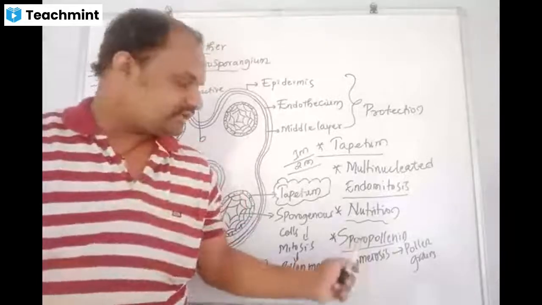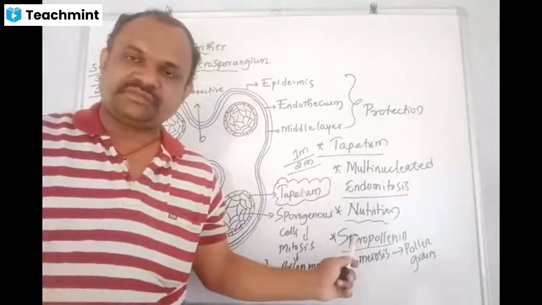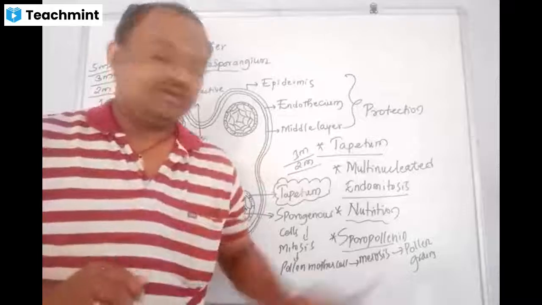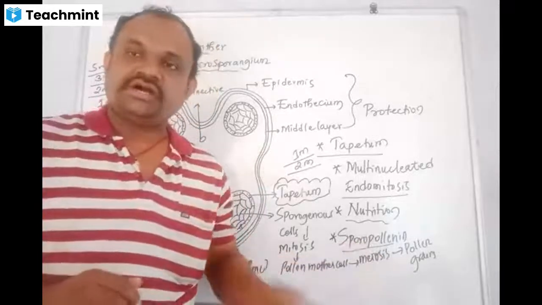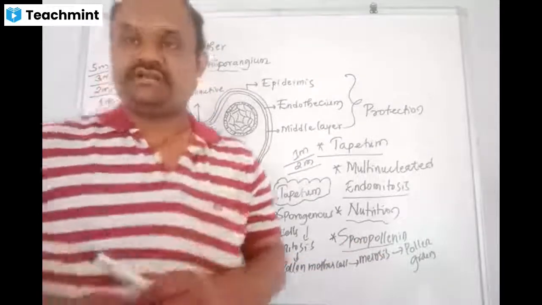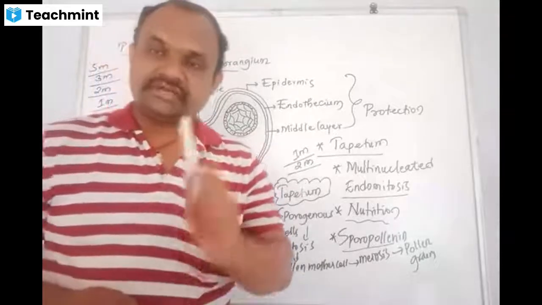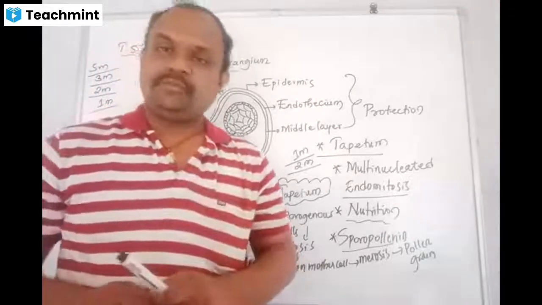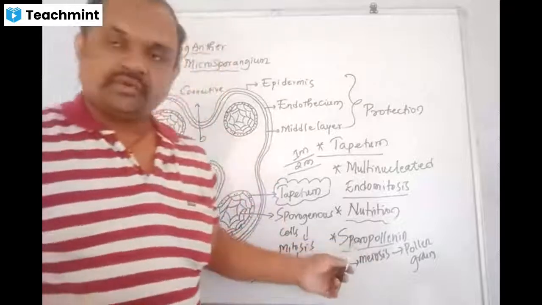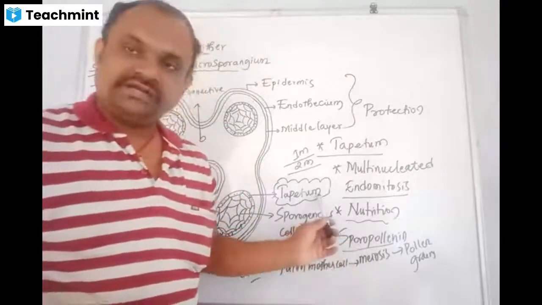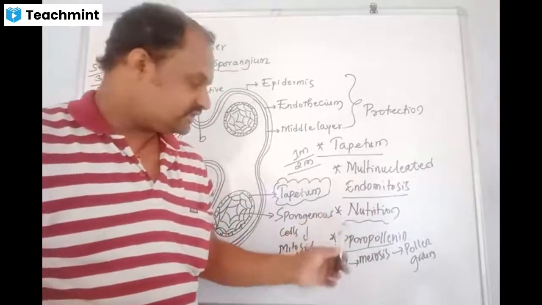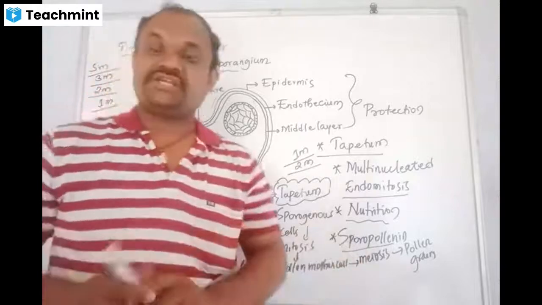We will discuss it in the next class. For now, just know that sporopollenin is an organic resistant material present in the pollen grain, and it is secreted by the tapetum cells.